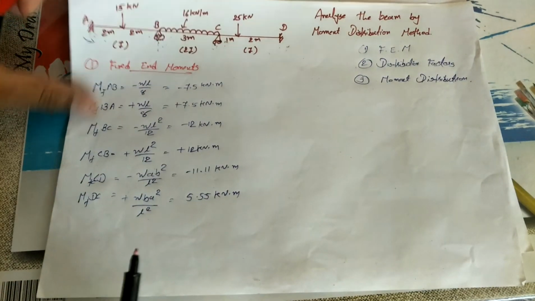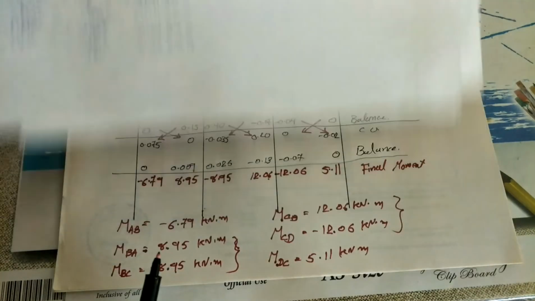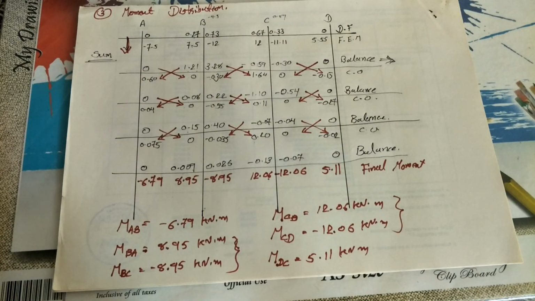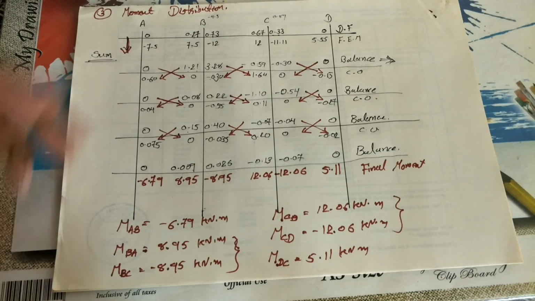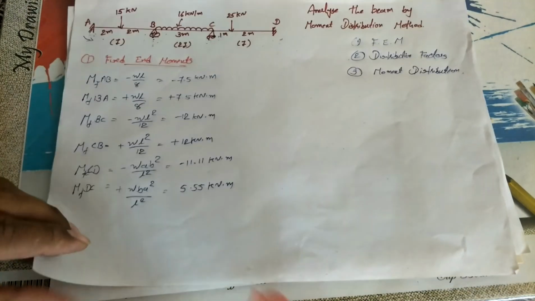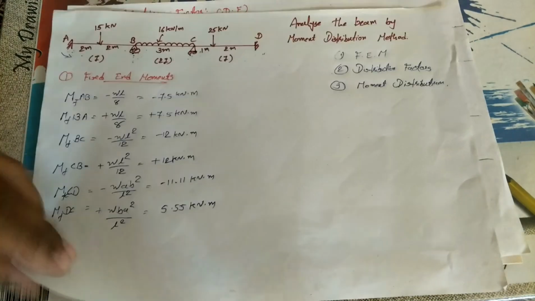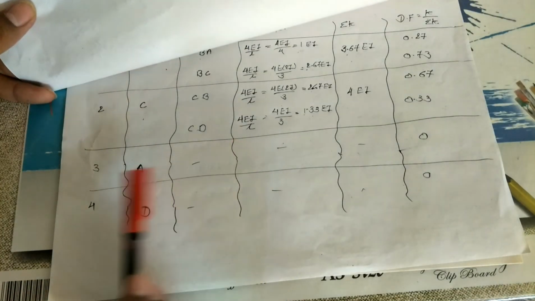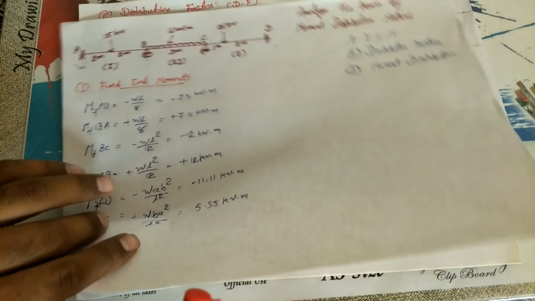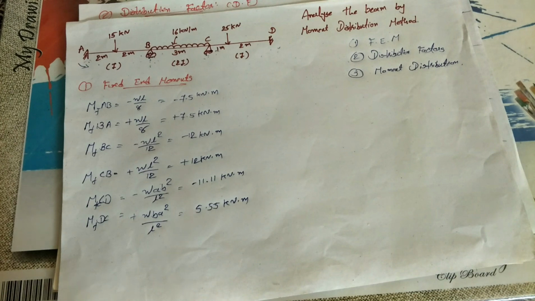Whenever ends are fixed, you have to continue with cross carryover, and the carryover moments are half moments. You carry over half value from one support to another support, and the distribution factor for fixed ends is 0. Okay, so go with that moment distribution numerical. Thank you.